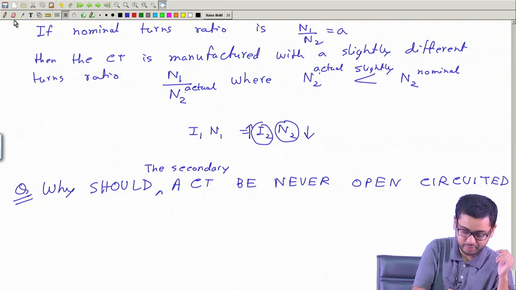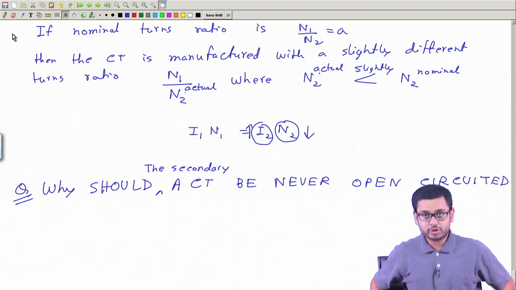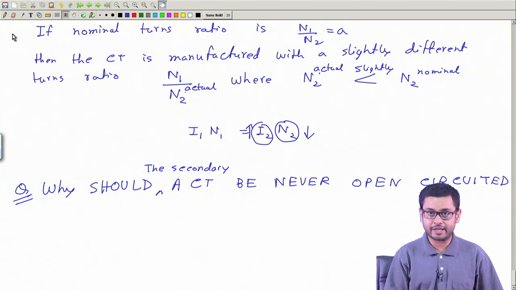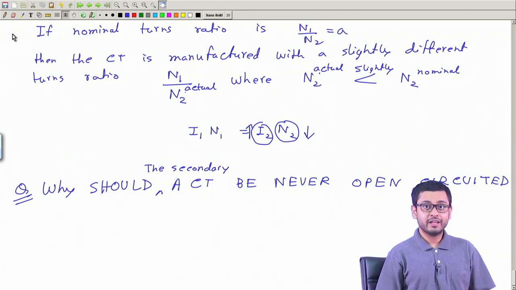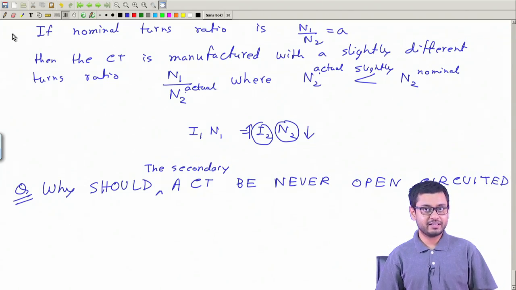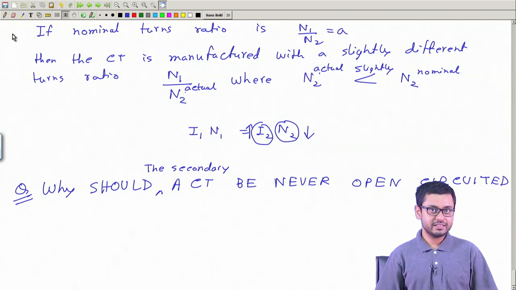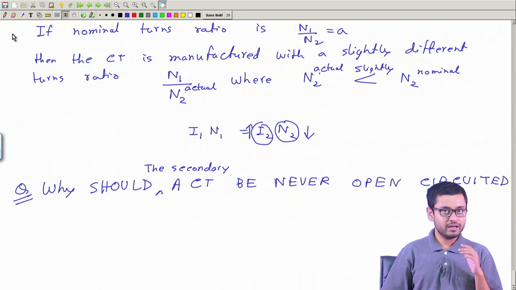This is a very important question. No matter whether you understand why or not, if you are an engineer, if you are a practitioner, never ever by mistake open circuit the secondary of a CT.